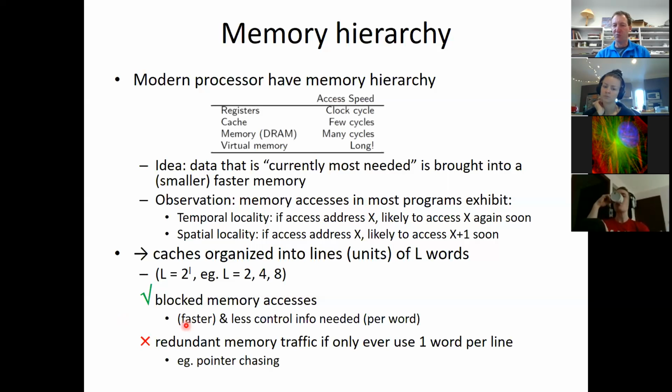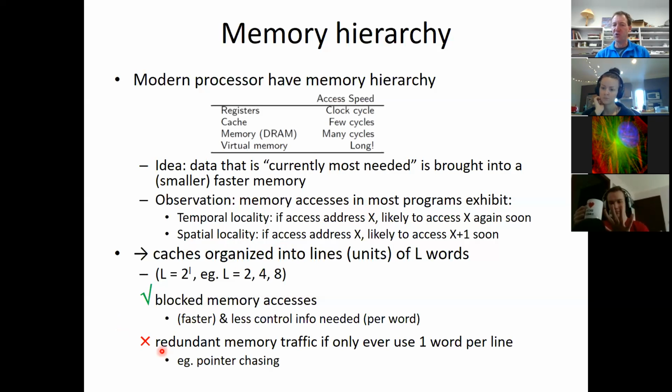The advantage of this is that it is faster and less control is needed per word when you do a whole line access. And hopefully, if our betting scheme is correct and there is spatial locality, the next word is accessed very soon anyway, so it is already in the cache and you don't have to reload it.